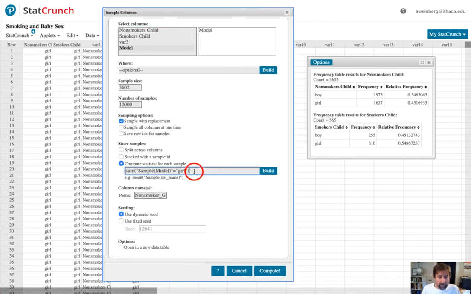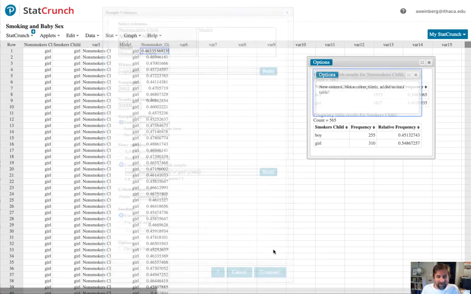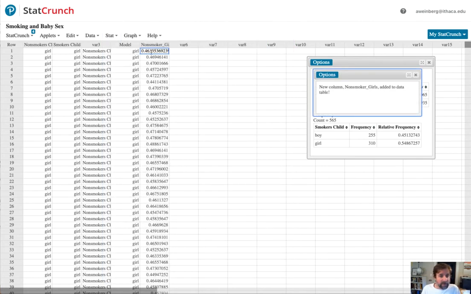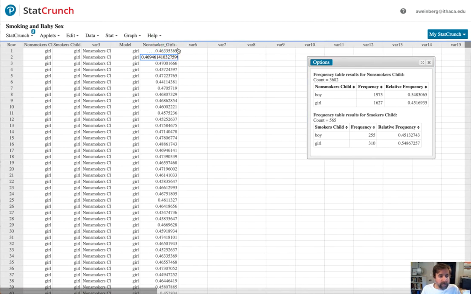So we can take our sum, and we're going to divide by 3,602. So just take a moment. Okay, this is showing us that in our first simulated sample, about 46% of the babies were girls, and in the next one, 46.9% were girls, and so on. So these are simulated non-smoker samples.